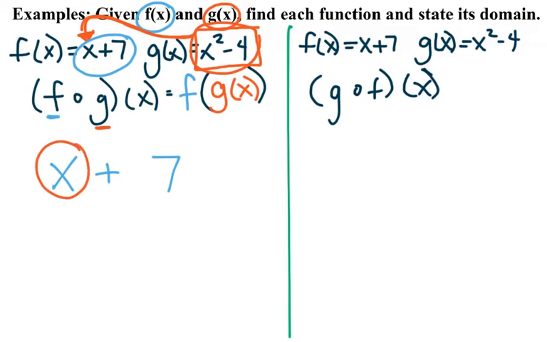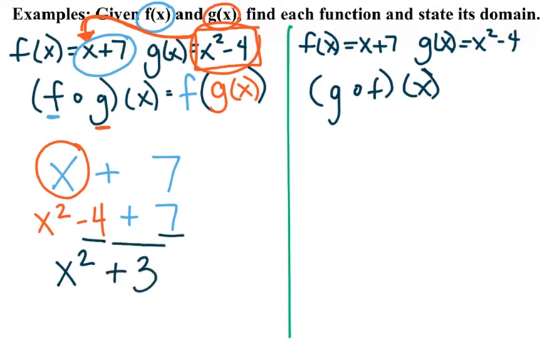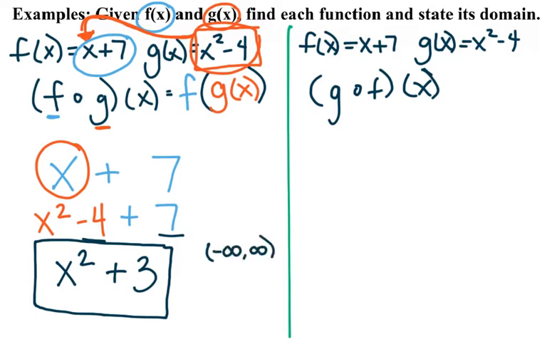So I'm going to replace that x with x squared minus 4. So see how I just replaced x with the entire g of x function? And now I'm just going to simplify. So the only two like terms, there's nothing I can do to x squared, are negative 4 plus 7. And negative 4 plus 7 is positive 3. So this is my answer. And then if I wanted to state the domain, it's from negative infinity to positive infinity.